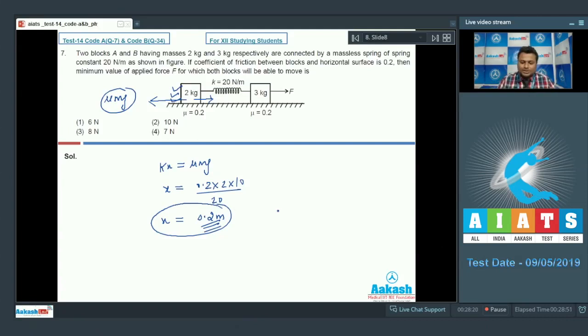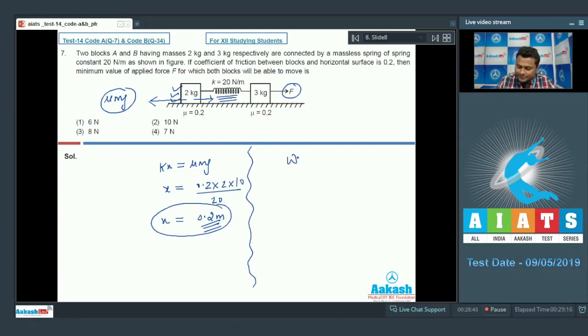Now let us focus on block number 1. Block number 1 will move by some distance, and here the spring will be stressed by the same, that is 0.2. So the net forces acting on this block will be this applied force F, the block is displaced by some distance. So let us apply the work energy equation.